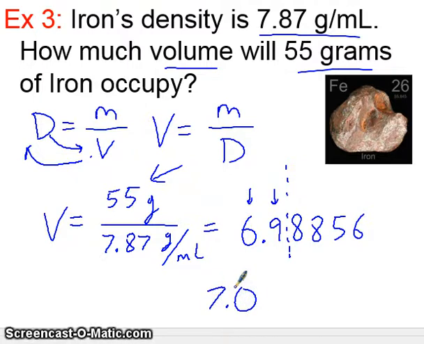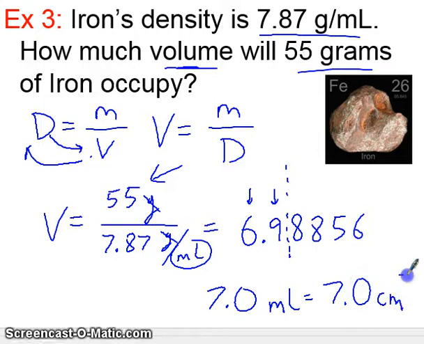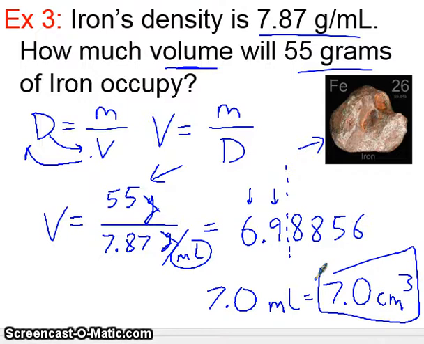The units in this case, since we're solving for volume, should be in milliliters, because the grams will cancel out, leaving us only milliliters. So 7.0 milliliters. You can also say 7.0 centimeters cubed, since we are dealing with a solid. Iron is a solid, and this is how much volume is contained in 55 grams.